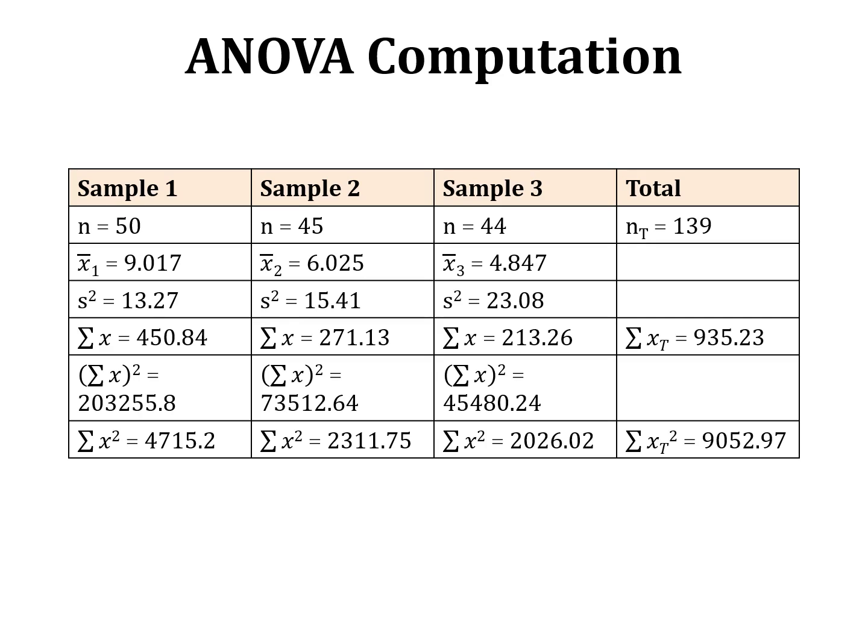So this is the situation that we have. And then in the last row we have summation x square, which is the square of individual observations, and then we take their sum. For sample number 1 this is 4,715.2, for sample number 2 this is 2,311.75, and for sample number 3 this is 2026.02, and the total is 9052.97, right? So this is the situation that we have here in the descriptive statistics.